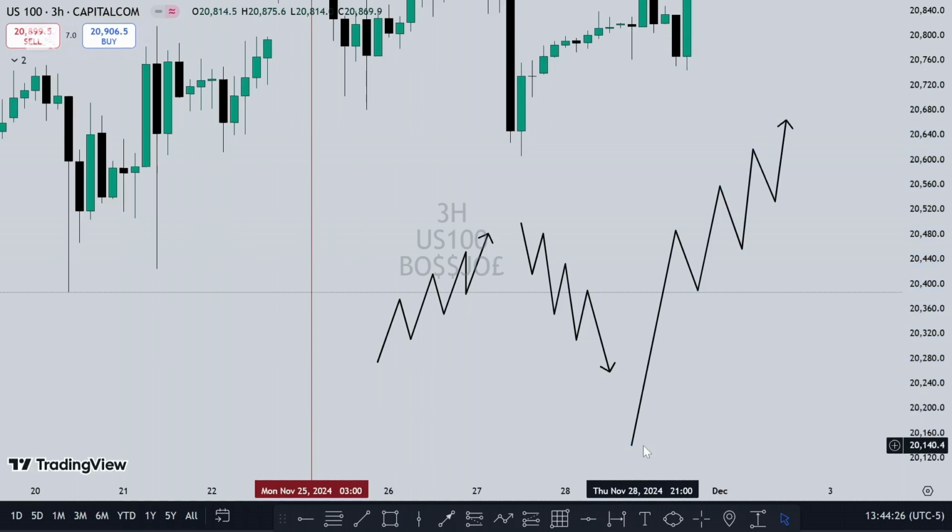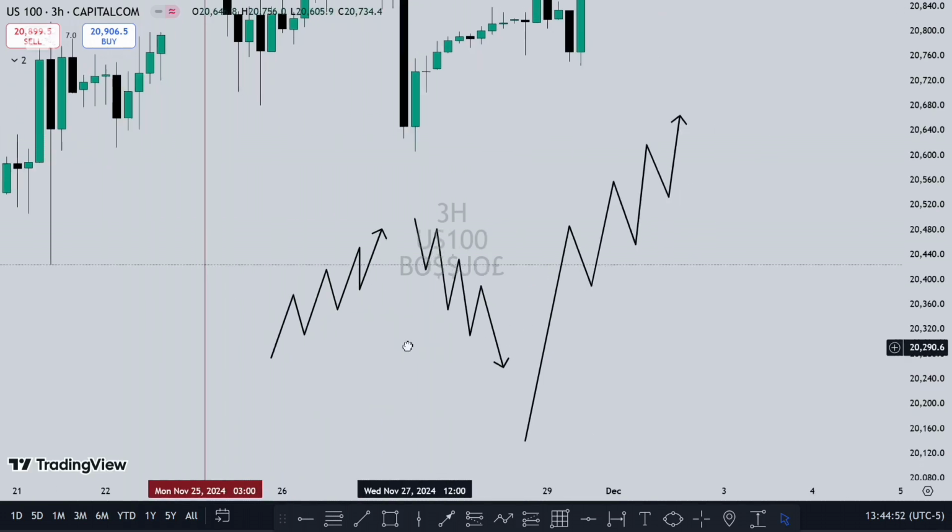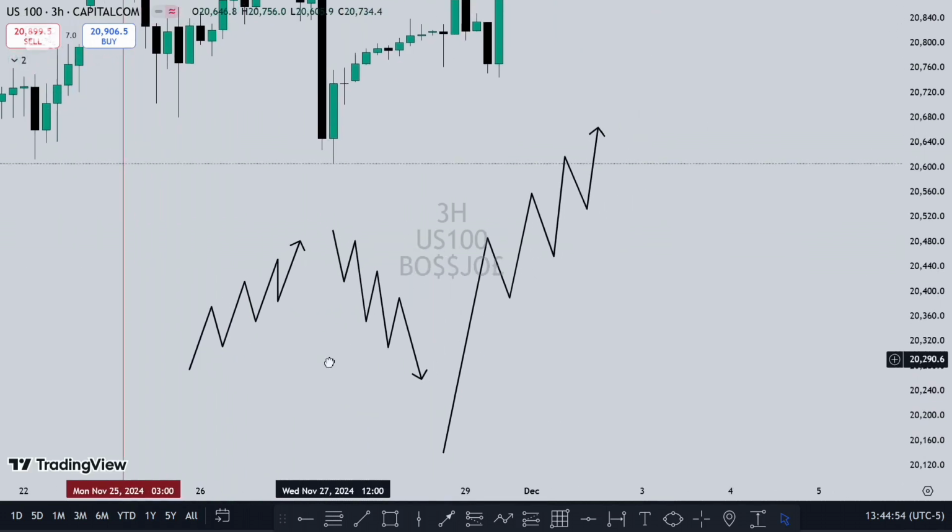Do you understand? Whereas fair value gap is a kind of gap that price makes. It's just a gap in price movements that occurs when there is an imbalance between buyers and sellers. How can you identify a fair value gap?